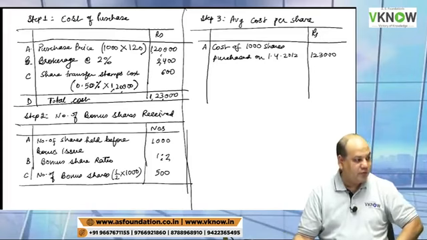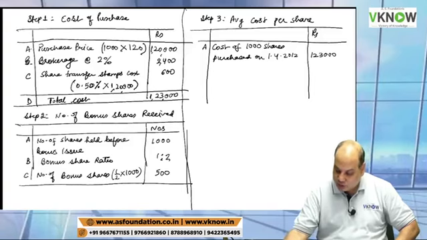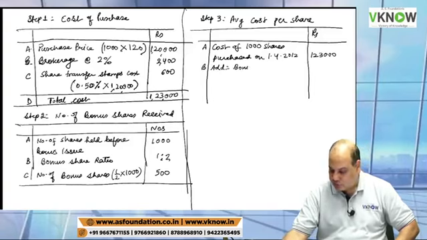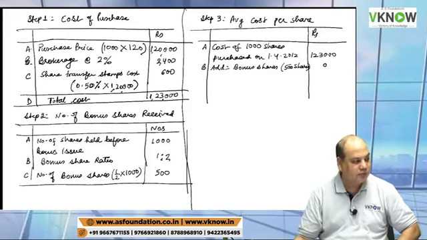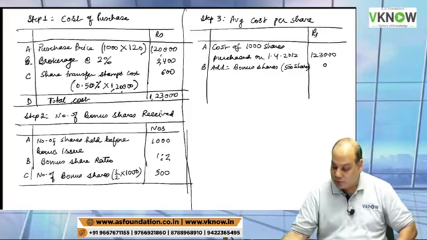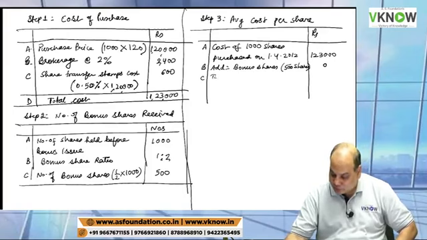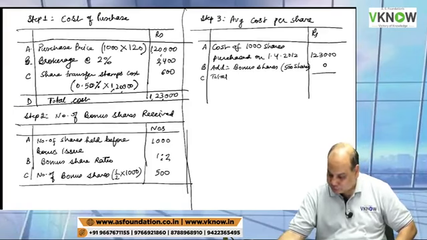Kirti is right. 1:2. Then you write down add bonus shares, 500 shares, but the cost is nil. So my total cost is 1,23,000.